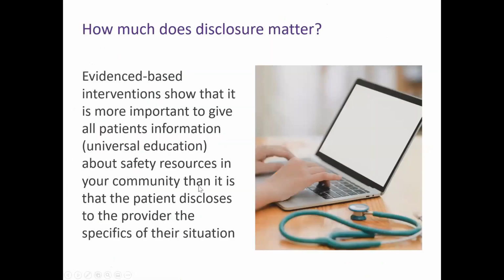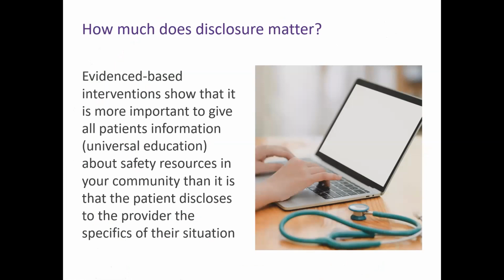So we're going to talk a little bit about disclosure, but I want to make a point real quick that what we've learned in the last 5 years or so is that it is less important whether or not somebody discloses to you that they're experiencing domestic violence, and it's more important whether or not you give the person access to resources. And that's what we often call a universal education model.